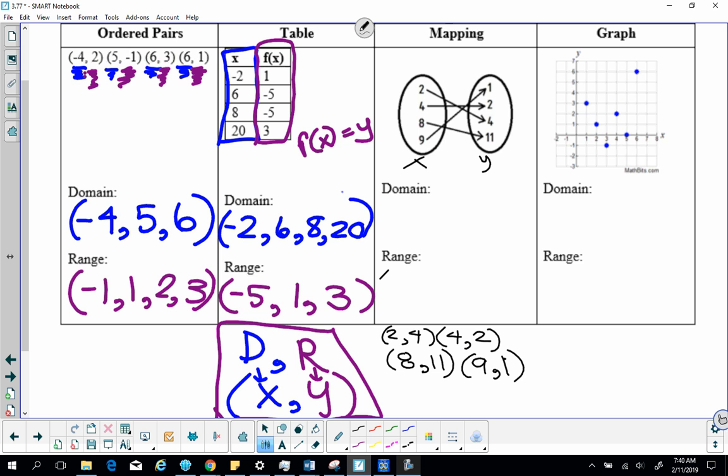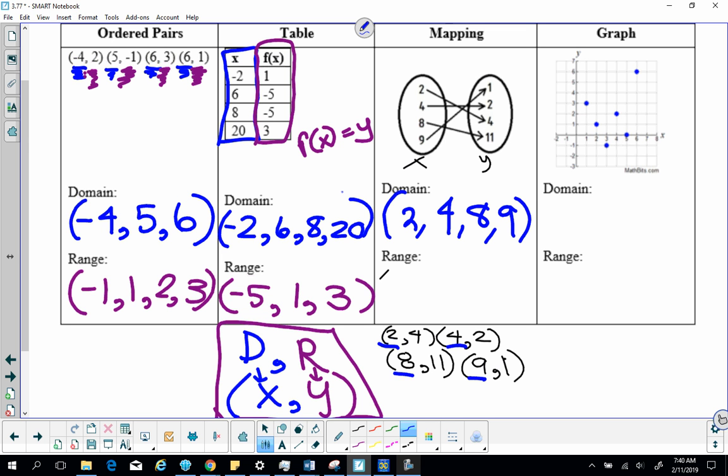So now it's the exact same thing we did for the first one. So remember, Dr. XY, domain are your x coordinates. So when I'm going in order, what's my smallest x coordinate? 2. Then what comes next? 4. Then what? And last?